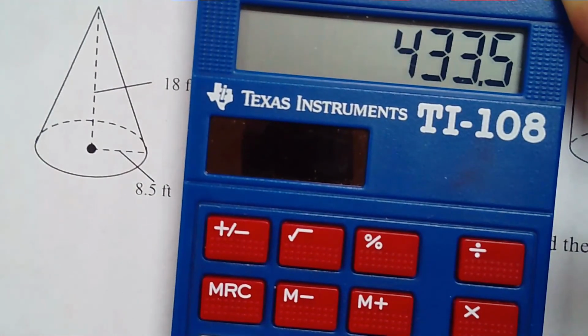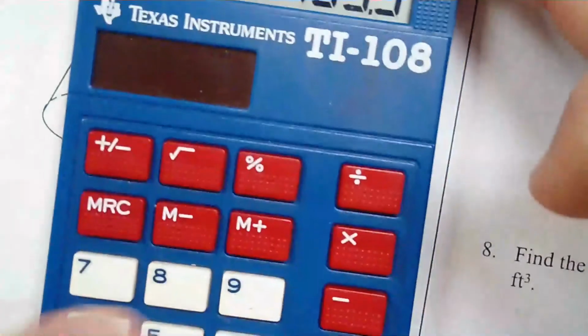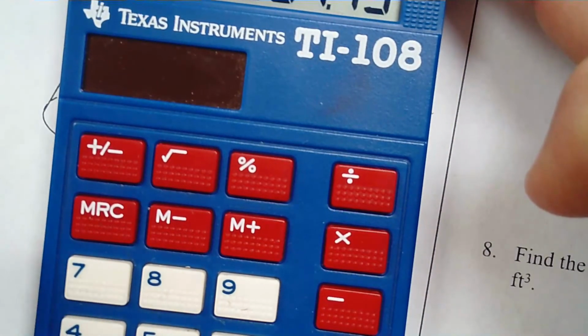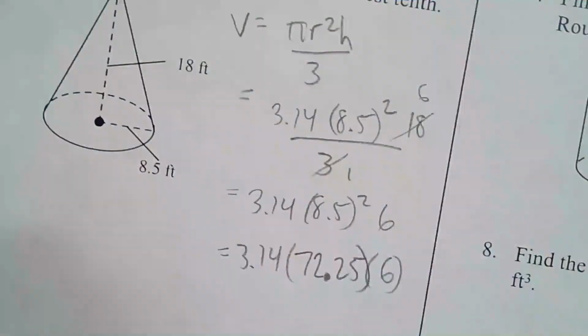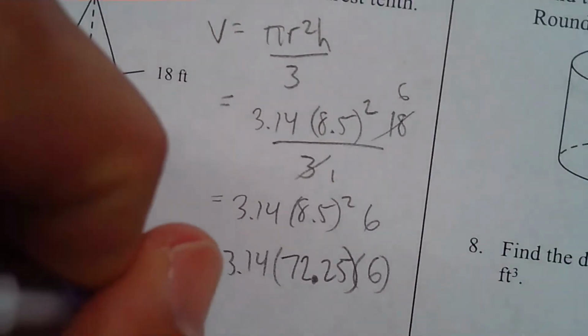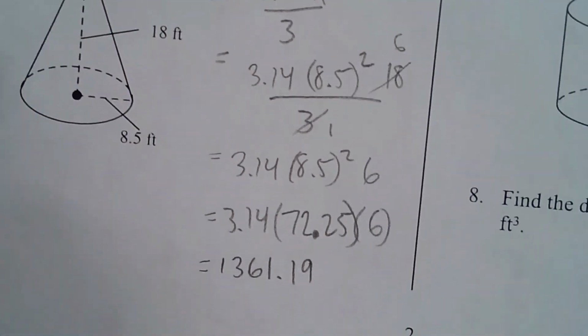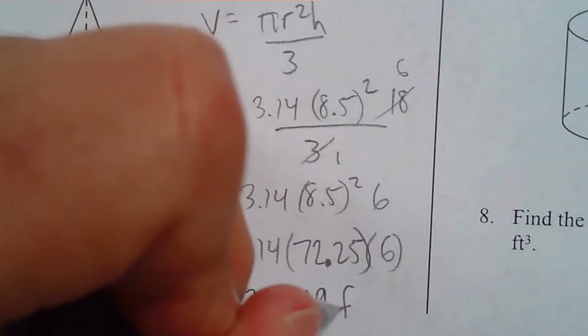Okay, that looks good. Times 3.14 equals 1361.19. And we're talking about volume, so it's cubic feet.